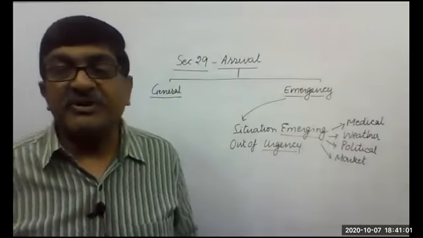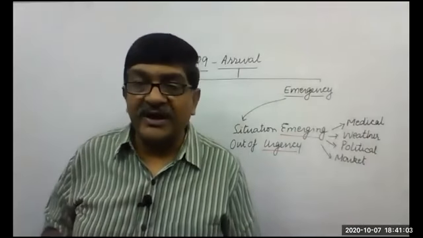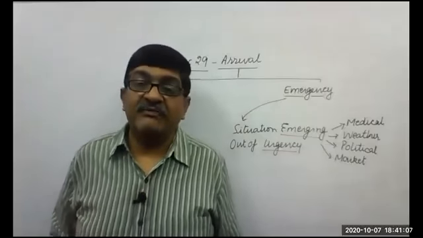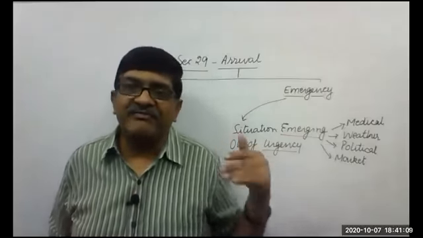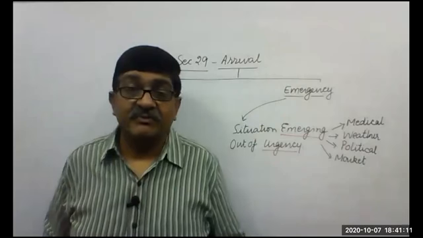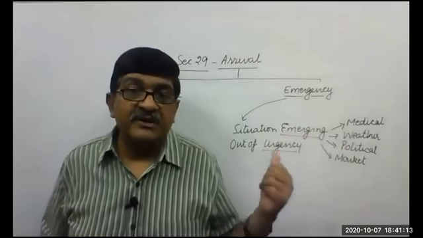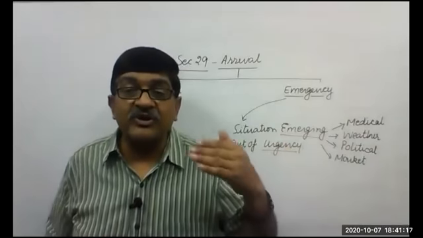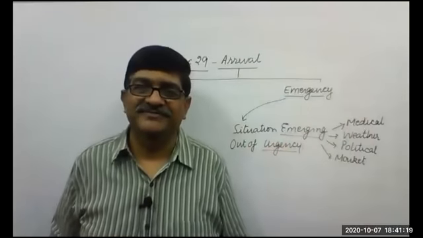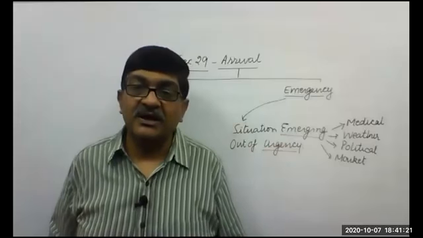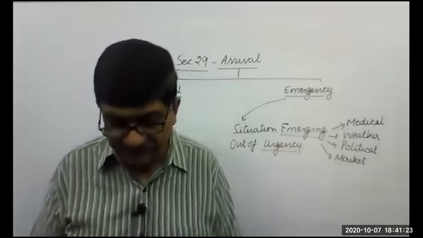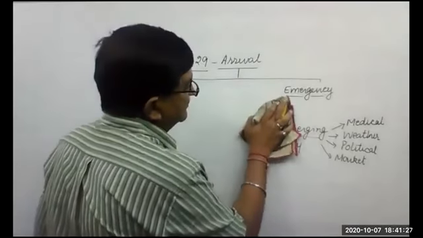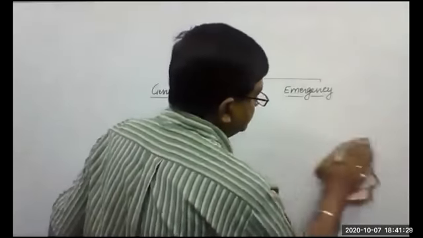So the word emergency does not have any specific meaning. In every situation, it carries a different meaning. But the conclusion is that there is a situation emerging out of urgency, and urgency means requiring urgent action. So is this meaning clear? Yes, sir.